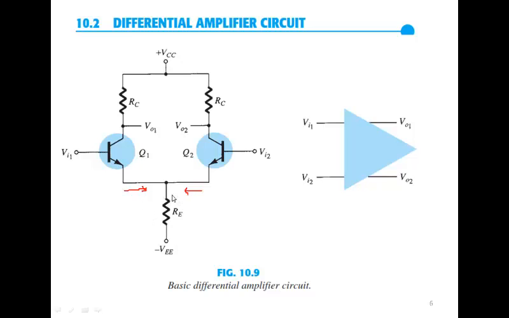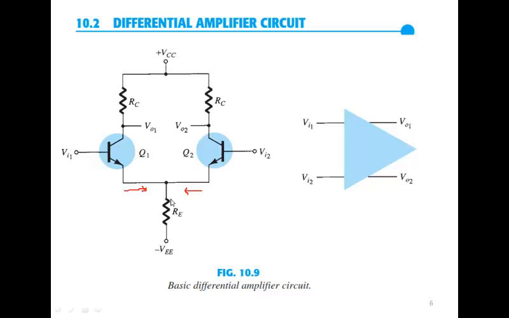So if again I assume this resistance very large, then the sum of these two currents flows through this resistance, and the magnitude of this current would be very small, because if resistance is very large, then current magnitude would be very small.